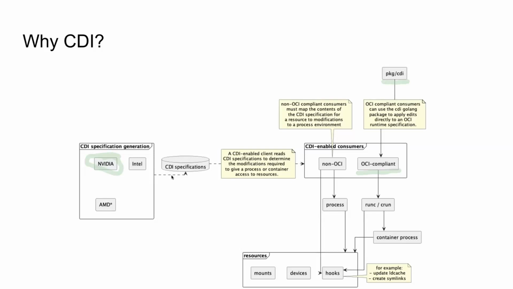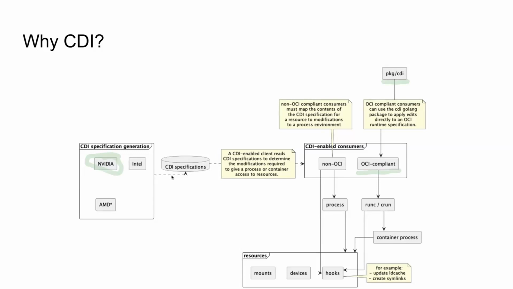But there's nothing there that says that those things need to operate on an OCI specification. In the end, it is a set of system level primitives: devices, mounts, executables that need to be executed at certain points in the life cycle. And our thinking, at least very naive possibly, is that those could be translated to serve non-OCI applications as well.